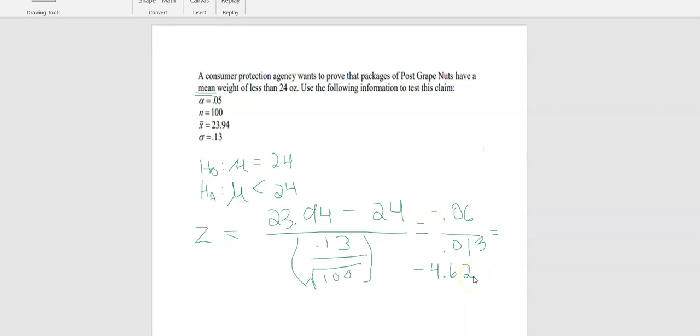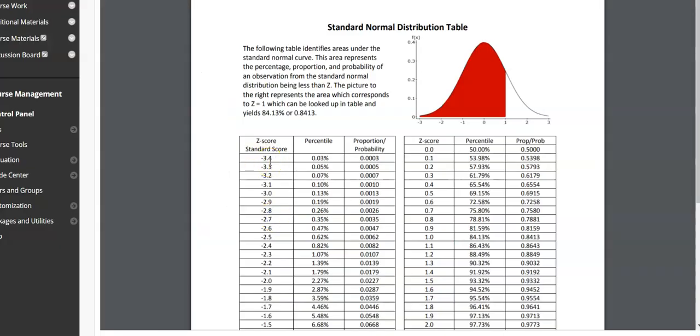All right, now we're going to look that z value up on our standard normal table. And let's notice that negative 4.6 is off the table. In fact, we could tell that if this kept on going downward in negative values to negative 3.5, this probability over here would be 0.0001.